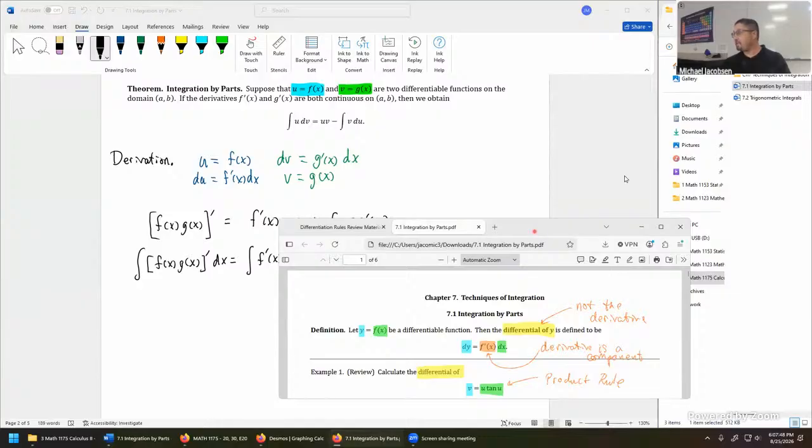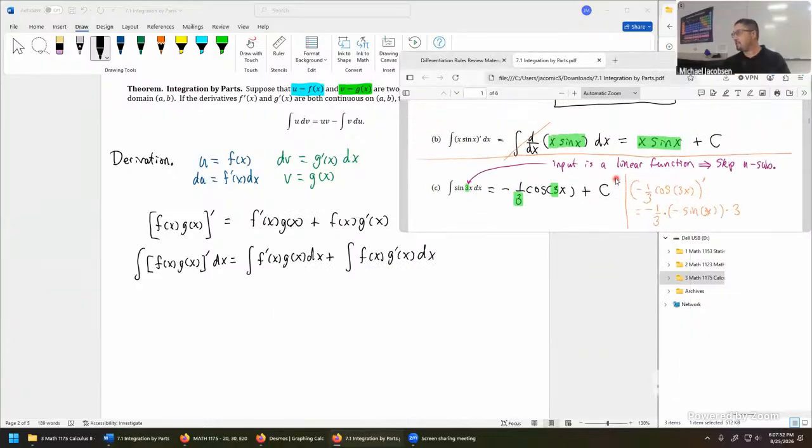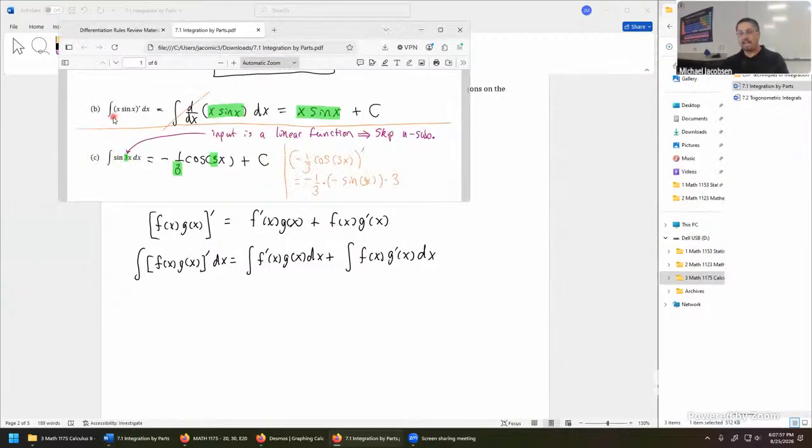It's going to be from when we did this problem down here. Recall when we were solving, let me place it maybe up here, the antiderivative of x times sine x prime. Well, that's just like the antiderivative of f of x times g of x prime. The answer to that antiderivative was just x sine x plus a constant.